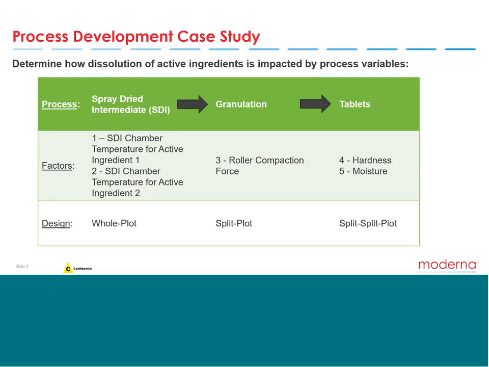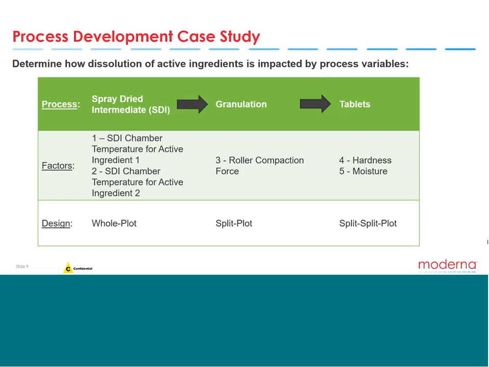So we had 2 different temperatures here, one for each active ingredient. Then in the granulation step, where we're running it through the roller compactor, we just wanted to study one factor, which was the roller compaction force. And then finally, when pressing the granulation into tablets, we wanted to look at how hardness and moisture impact the dissolution. So basically how this works is that at each step, we start with whole plots at the spray-dried intermediate, and then the next step becomes the split plot, and the final step of this process becomes the split split plot.